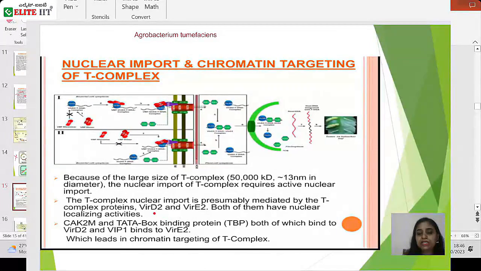So mainly D2 and E2 are involved. TATA box binding protein, both of which bind to VirD2, and VirE2 binds to VirD2, which leads to chromatin targeting of the T complex. So D2 and E2 are actually helping integration of T-DNA into the genomic DNA.